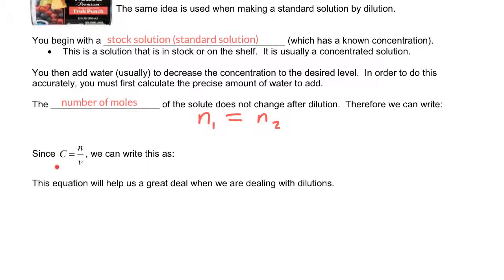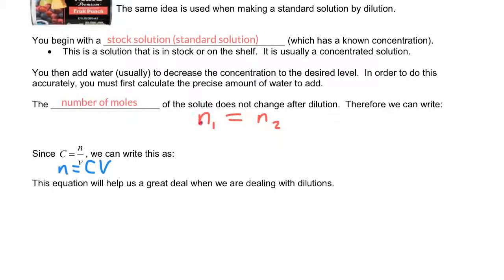And then I have to remember to calculate molar concentration, C equals n over V. Well, if C equals n over V, do your algebra, n equals C times V. So the number of moles is the concentration times the volume.